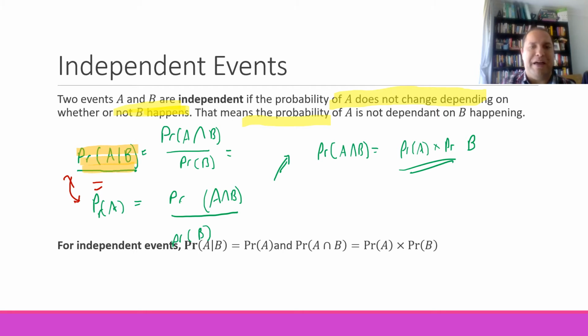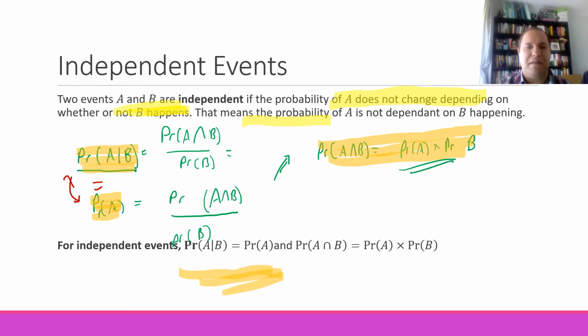The probability of A happening given B is just going to be the same as the probability of A happening at all, right? B has no effect on our probability of A. But this second formula can also be quite useful. So the probability of A and B happening for independent events only is equal to the probability of A times the probability of B.